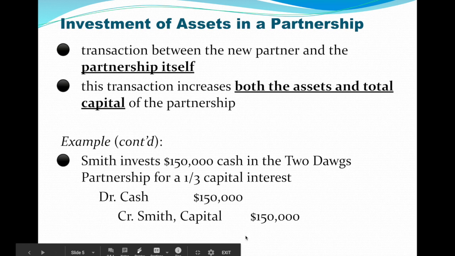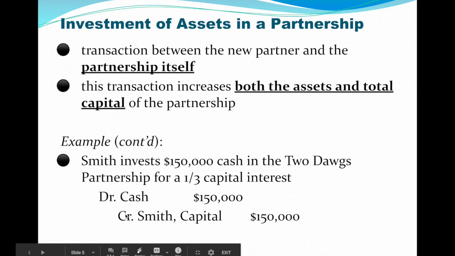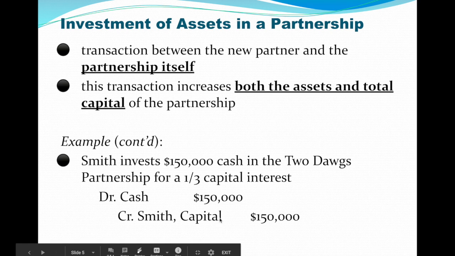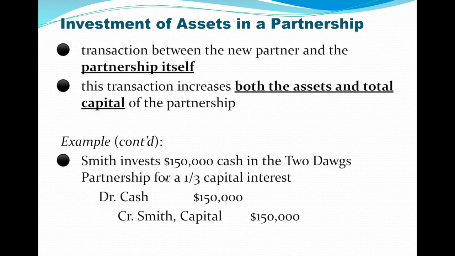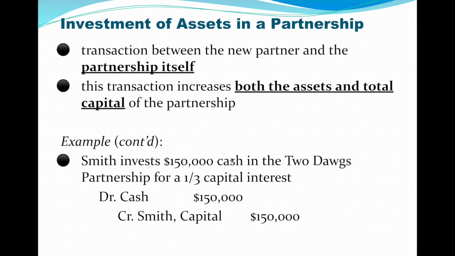So capital goes up along with cash to keep the accounting equation balanced. But in order to facilitate that balance, we have to add in the new partner to account for the increase in capital. So this is a simpler way of doing things, but it does result in more money being paid by Smith. And in this case, the interest of the partners remains unchanged.